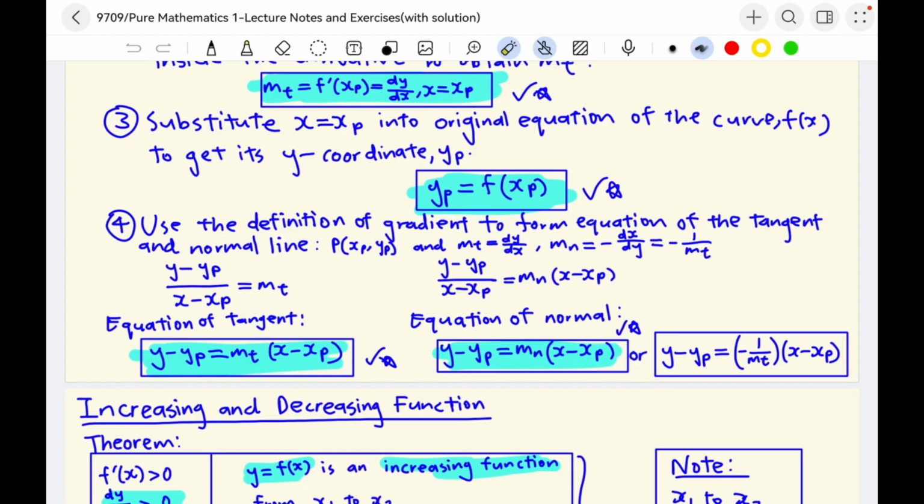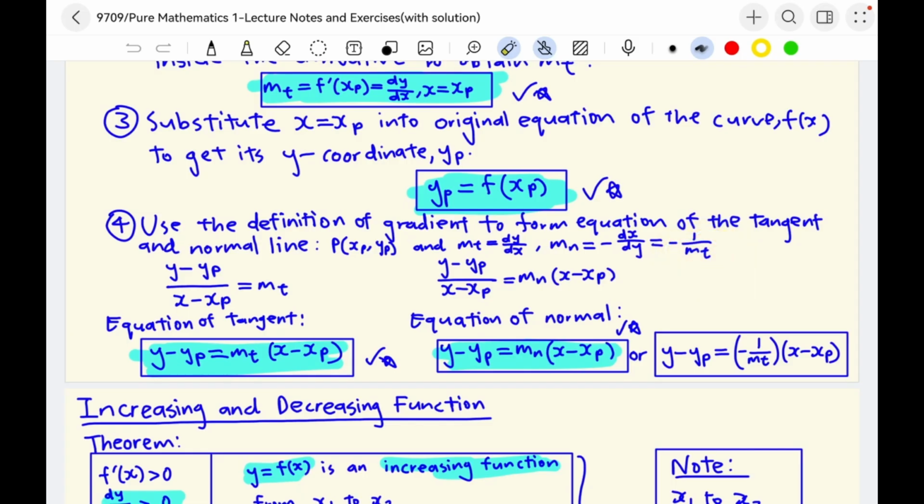For the normal line, you have to convert the gradient of the tangent into the gradient of the normal by using m1 times m2 equals -1. I have summarized the formula for the gradient of the normal in terms of the gradient of the tangent: it is -1 divided by the gradient of the tangent.